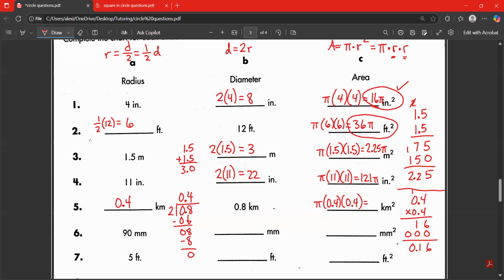The area of this circle is 0.16 pi kilometers squared. These are exact answers, so we're attaching the pi. Attaching the pi means the multiplication is invisible. Out of the operations addition, subtraction, multiplication, and division, multiplication can be invisible. So in between that 0.16 and pi, there's an invisible multiplication sign.